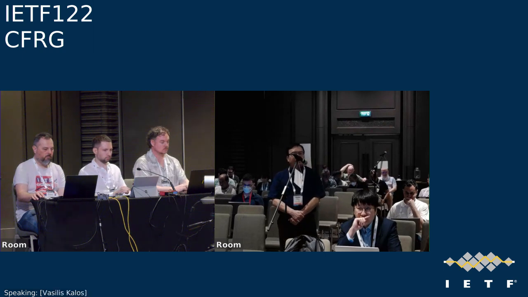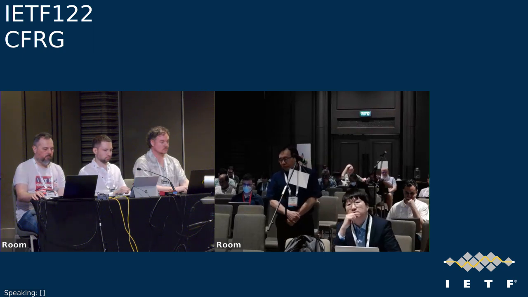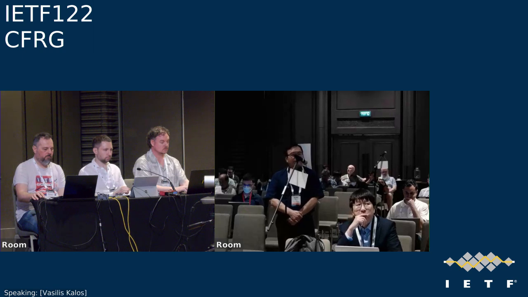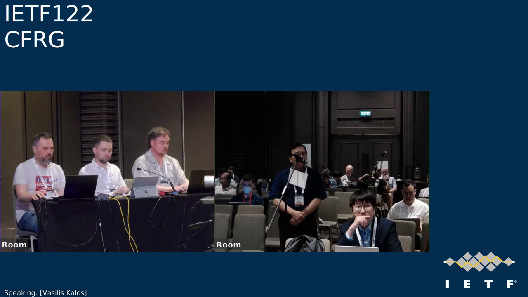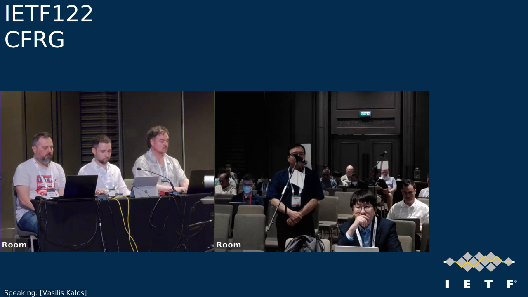Yes, thank you. There is a long line of academic work behind BBS. We are heavily based on the latest, at least as far as I know, work from Crypto 2022 or 23, I can't really remember. The work is called Revisiting BBS Signatures.